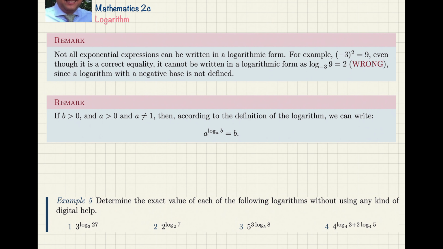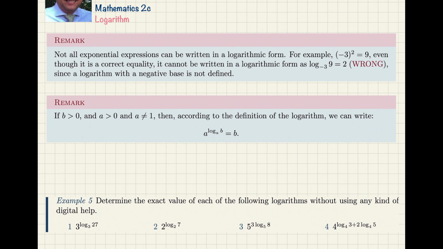Another remark, which is very important actually, is this combination. Let me elaborate a little bit here. So this tells you that, first of all, on the right hand side I have just one b. Here, if I want to write it in a slightly exaggerated form so that you can see, a on the left is the base, and log of b in base a is the exponent of this a.